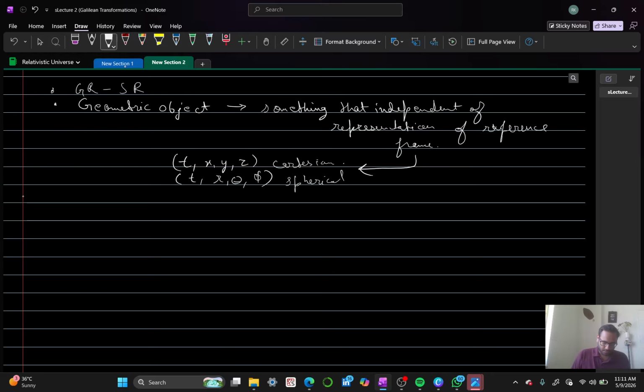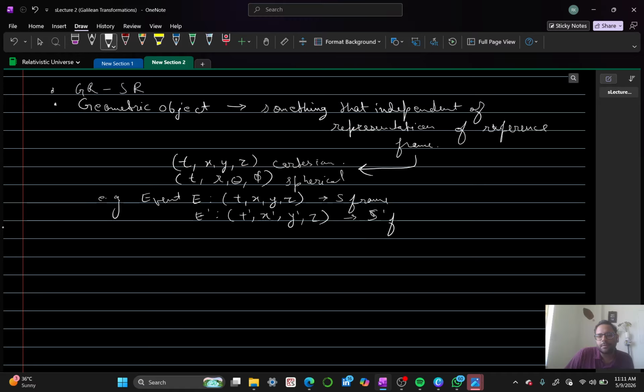This we were talking about. The examples of geometric objects were events. So an event E can be defined as x, y, z in the S frame, suppose, and suppose in the S prime frame it is defined like this.